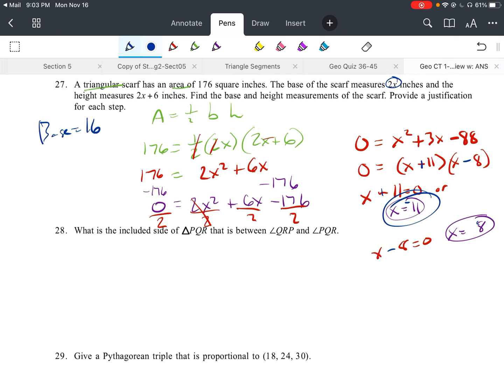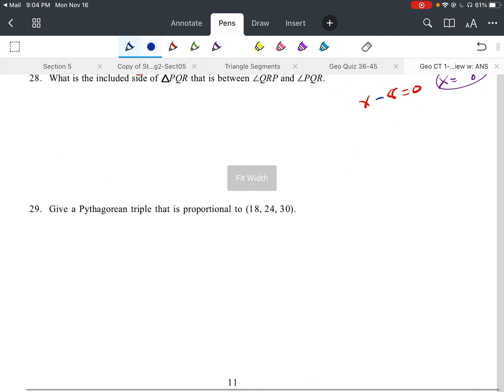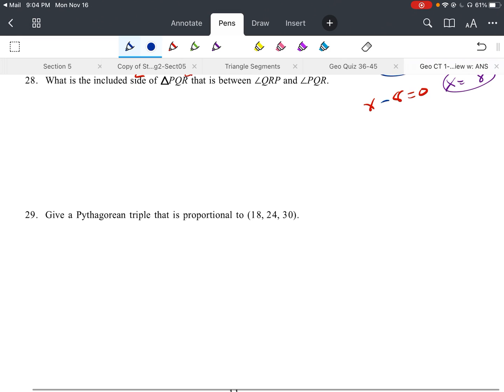Base equals 16. And then the other one is 2x plus 6, so 16 plus 6. So the height is 22. Okay, and there's a more detailed explanation in the answer key, so feel free to check that out as well. All right, let's keep on rolling.